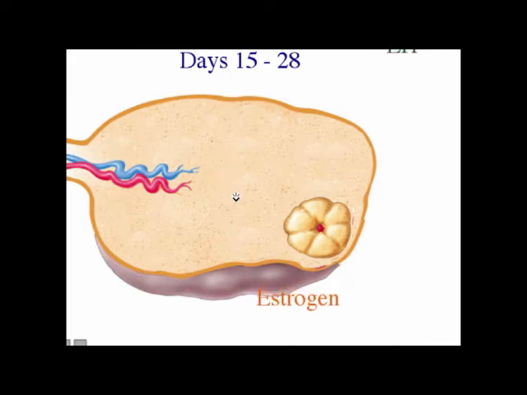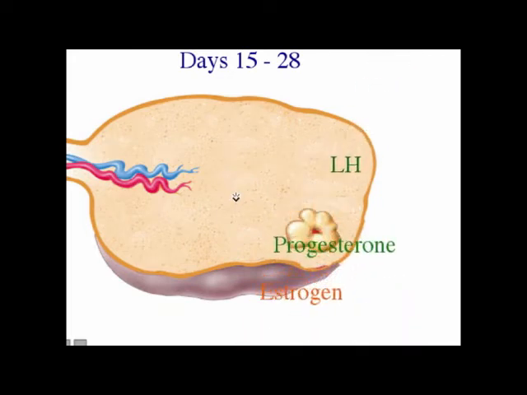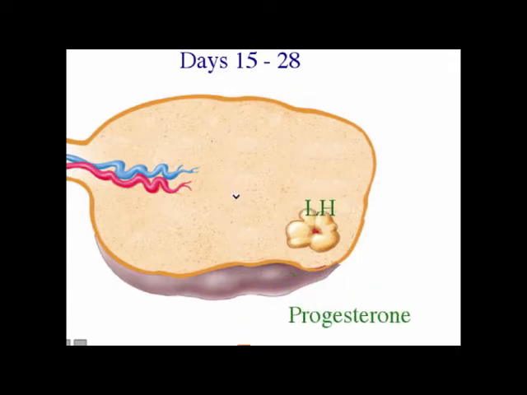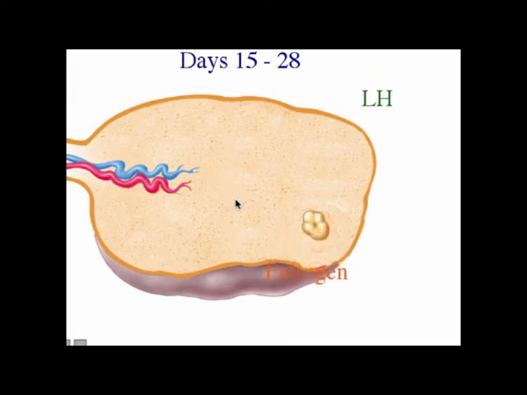And just like a person, if you don't feed a person enough food, they're going to shrink and shrink and shrink and eventually die. Well, that's what happens. If she's not pregnant, the pituitary makes less LH, so therefore the corpus luteum gets smaller and smaller. Come on, get smaller and smaller. And eventually, actually on day 28, it will die.